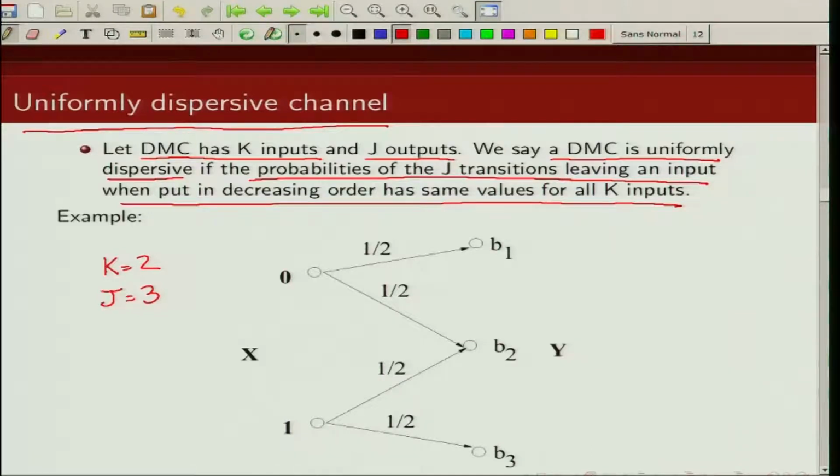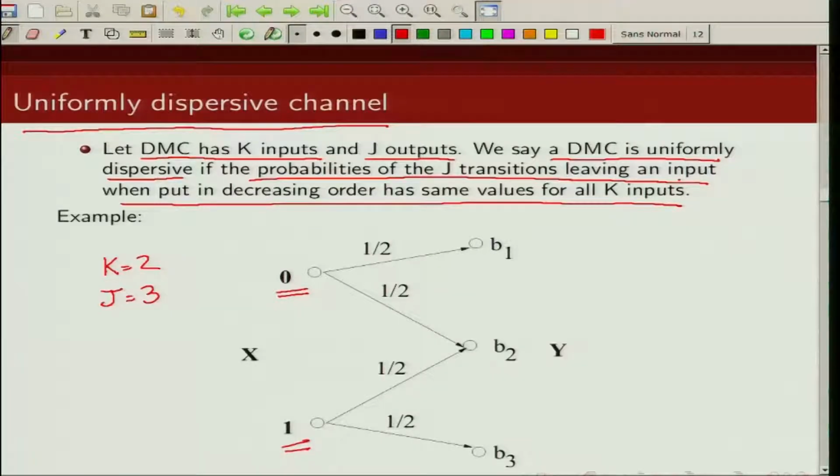So what does it mean? We look at each of these k inputs and we write the transition probabilities leaving that particular input. For example, take this input 0. What are the three transition probabilities? This is half, this is half, and this is 0.